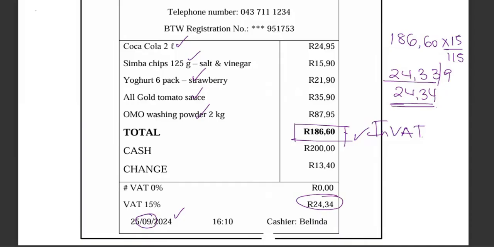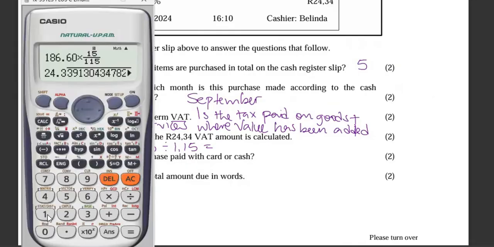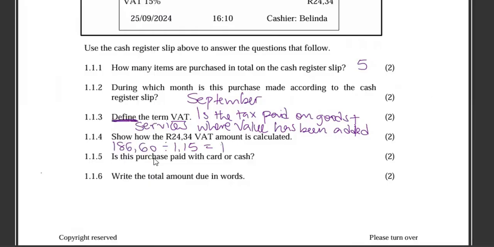Okay, the other method: you can get that money, 186.60. First and foremost, exclude VAT by dividing by 1.15. That's the first thing you do. I'm showing you another method. We divide by 1.15 and you get the answer 162.26.